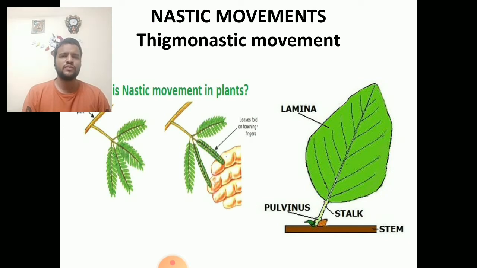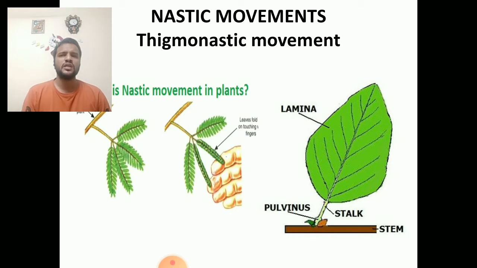The folding of leaves takes place with the help of special cells present at the base of the leaf, called the pulvinus or the pulvini cells. These pulvini cells are filled with water, and they are loosely arranged with large intercellular spaces.